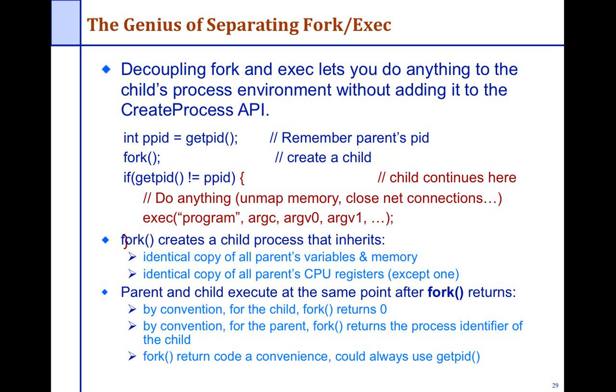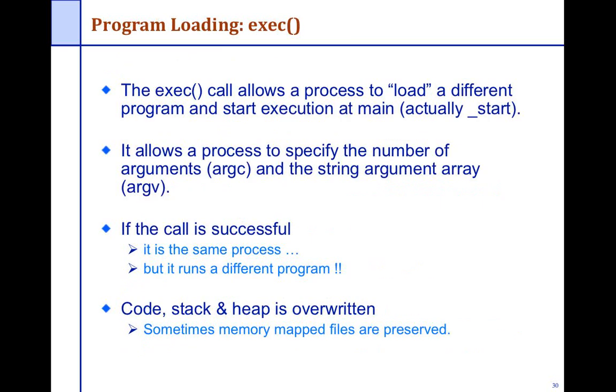So the parent and child execute at the same point after the fork returns. By convention, for the child, fork returns 0. By convention, for the parent, fork returns the process ID of the child. That is some of the code itself as a convenience, but you could always just use getpid to identify the process.